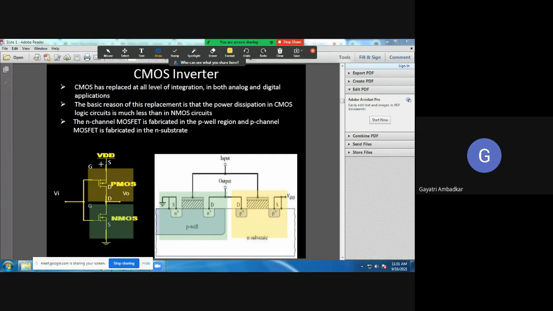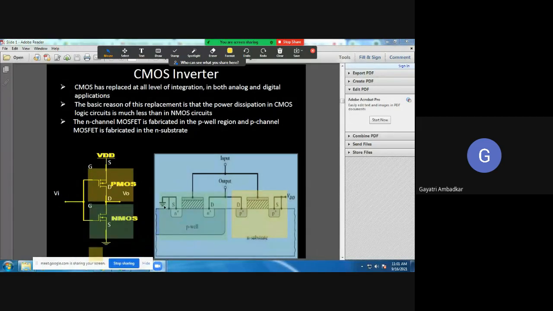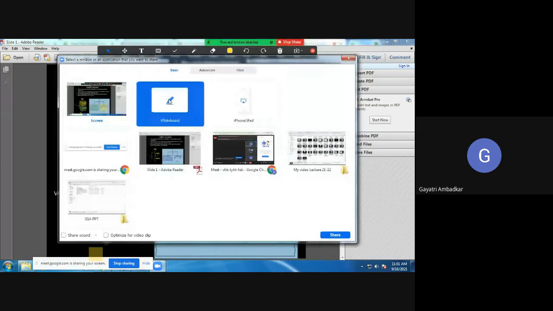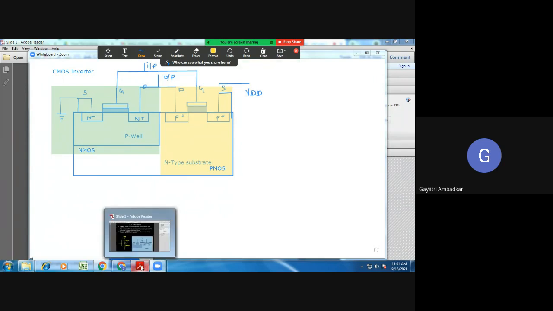The source of PMOS is connected with VDD and the source of NMOS is connected to ground. Understood the figure?